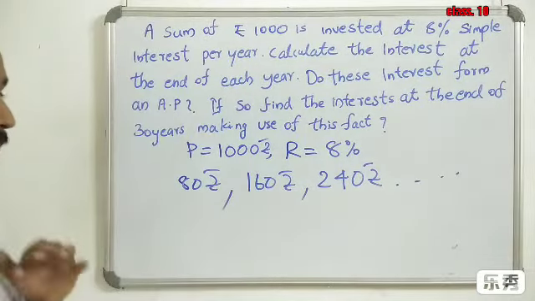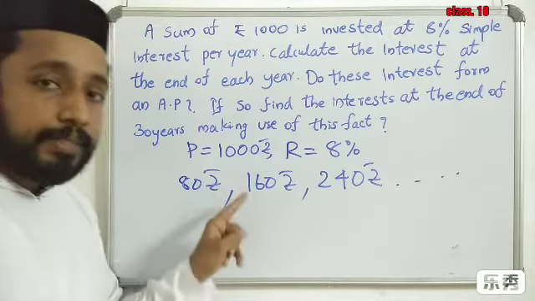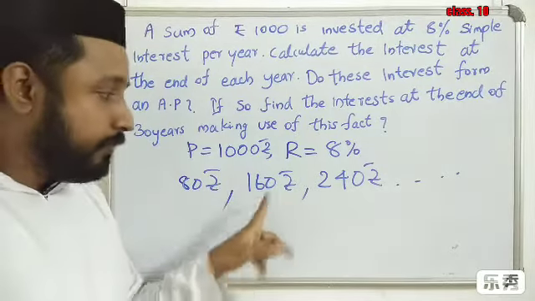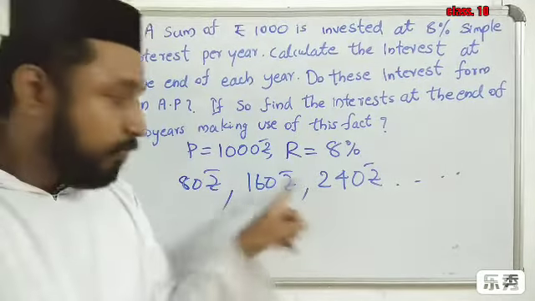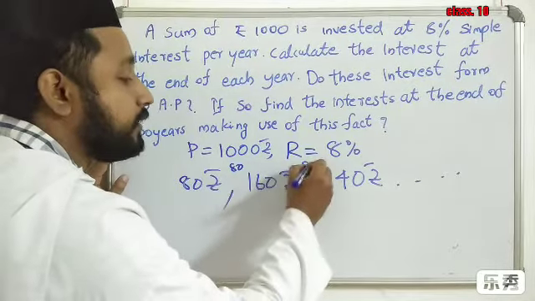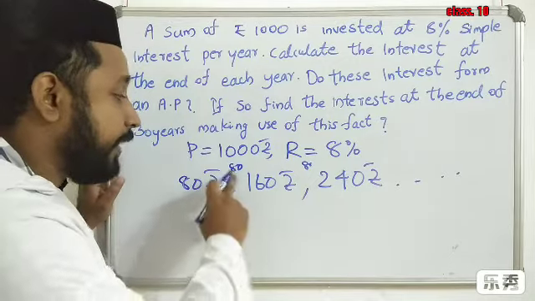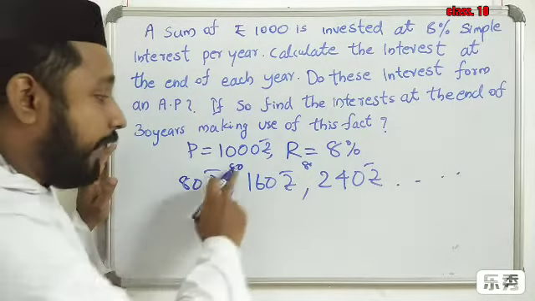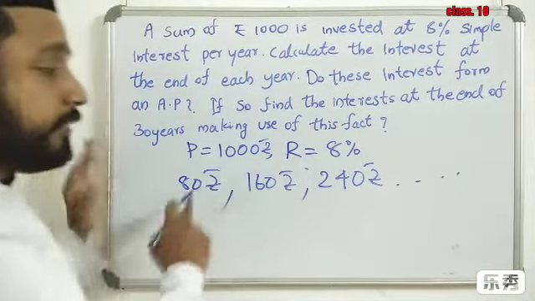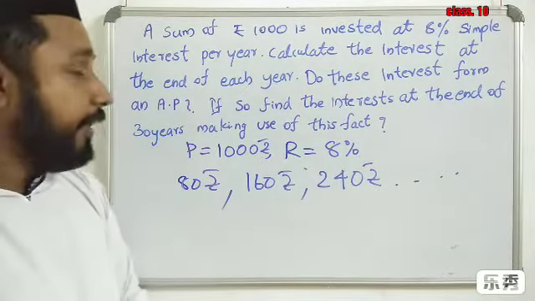Let us check. 80, 160 means 80 plus 80 is 160. 160, 240 is 160 plus 80. Here also plus 80, and so on. We get the next term by adding 80 rupees. So this forms an AP. These interests form an AP.